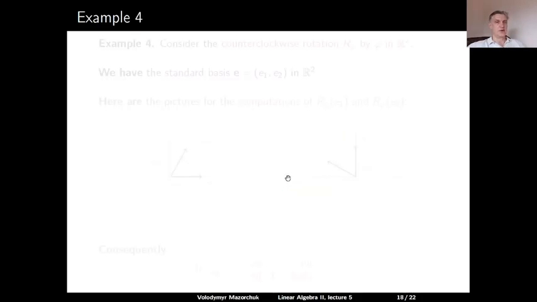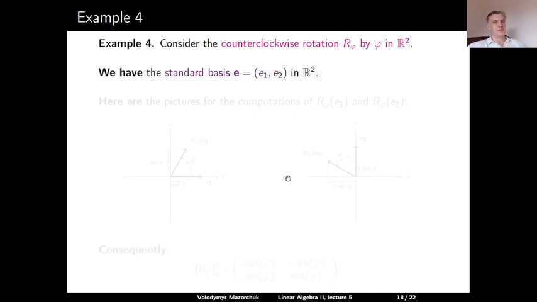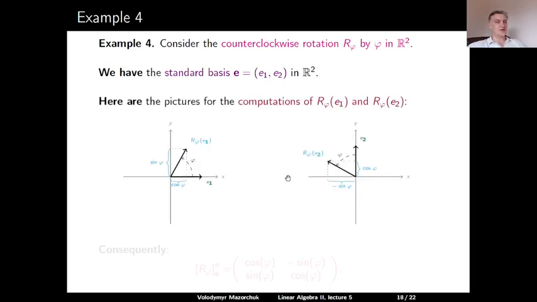Example 4. Consider the counterclockwise rotation r phi by the angle phi in R squared, the real plane. In the real plane, we have the standard basis consisting of the vectors e1 and e2. So e1 is a horizontal basis vector and e2 is a vertical basis vector. And here is a computation of the images.